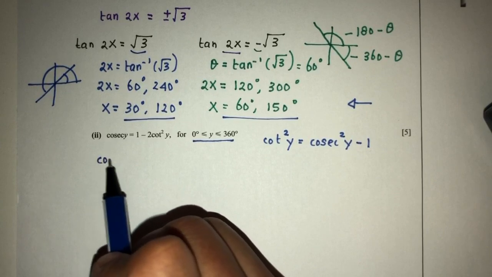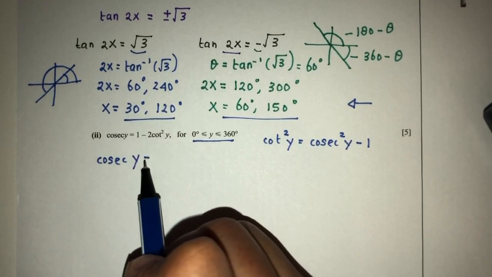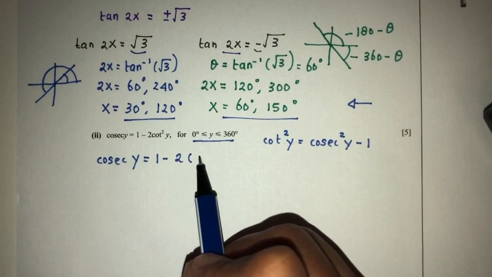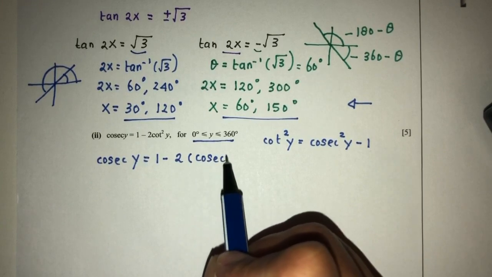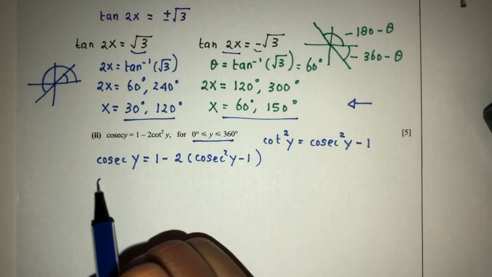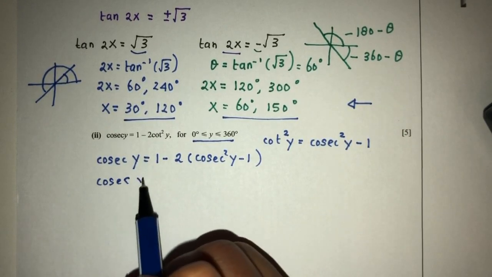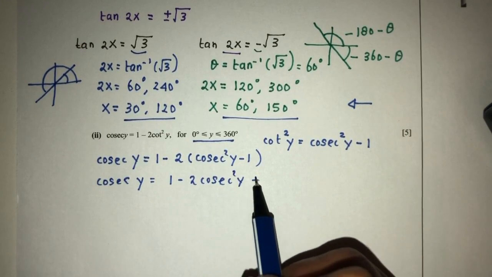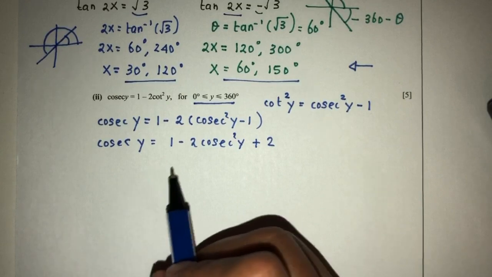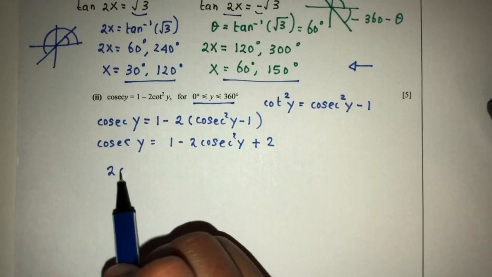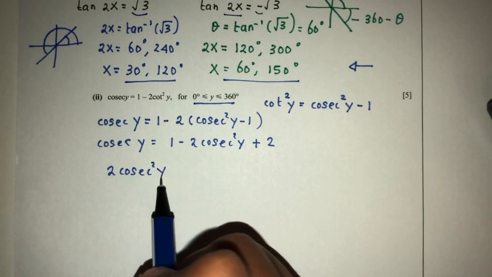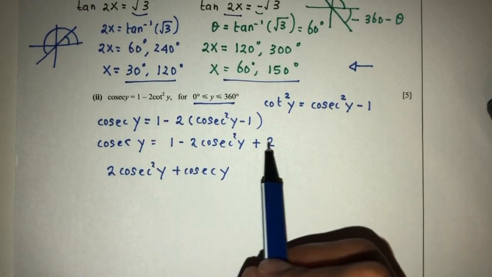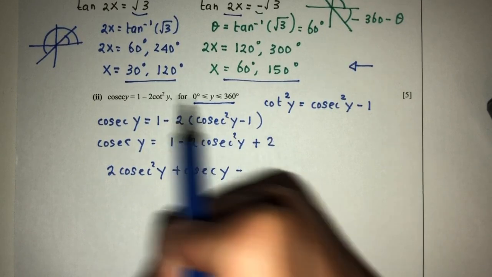You will have cosec y is 1 minus 2 times cosec square y minus 1. Simplify. Cosec y is 1 minus 2 cosec square y plus 2. Now simplify. Send everything to one side. You will have 2 cosec square y plus cosec y, and then 1 plus 2 is plus 3. So send this over here, it becomes minus 3.